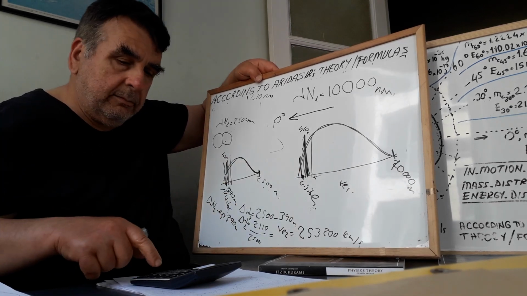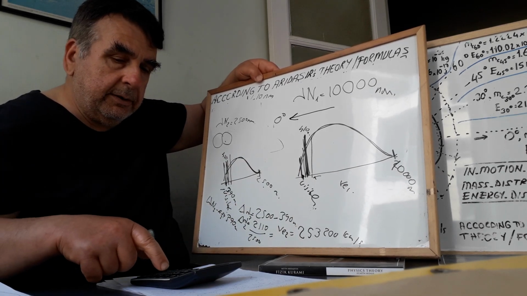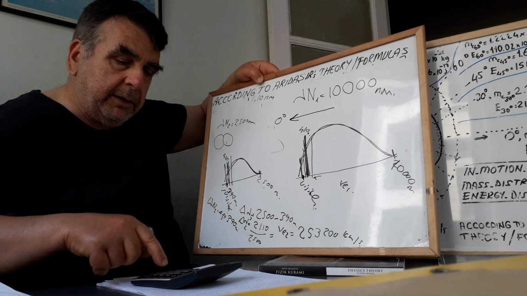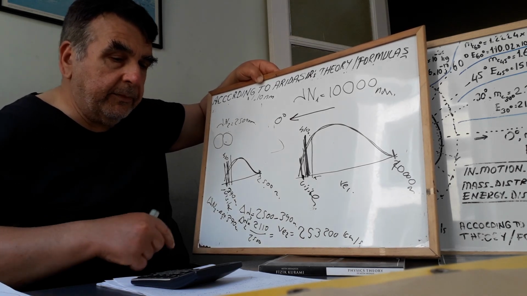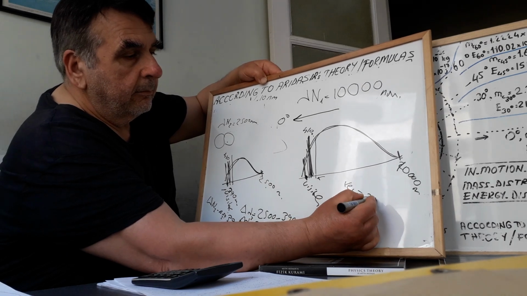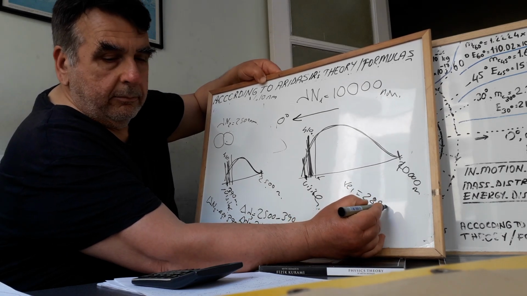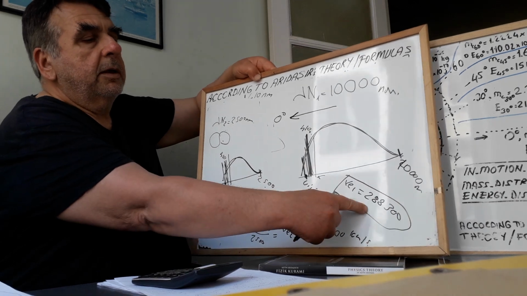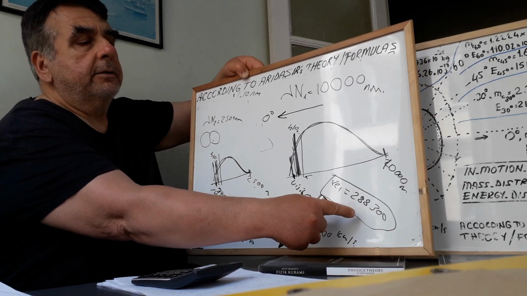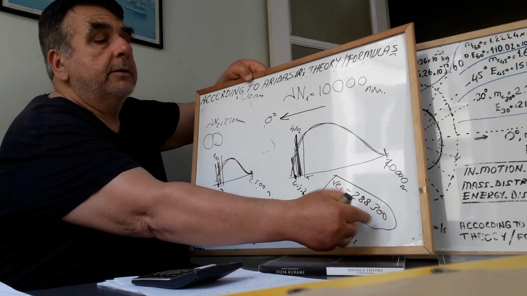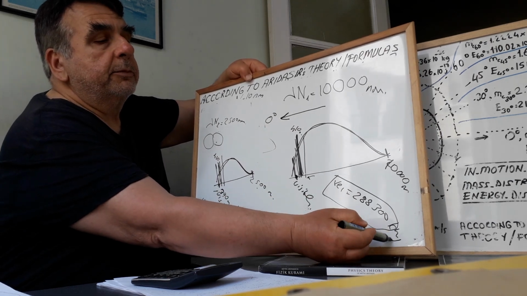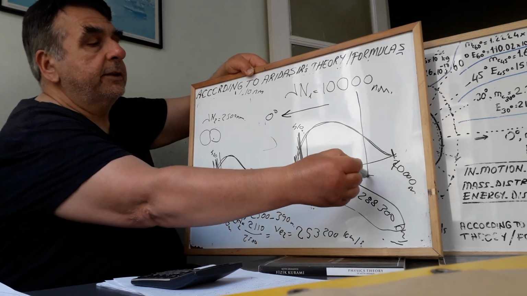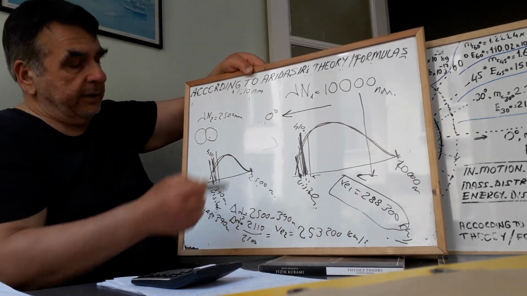Divided by 10,000 multiplied by speed of light, 288,300 kilometer per second, electron motion form's velocity for this graph.